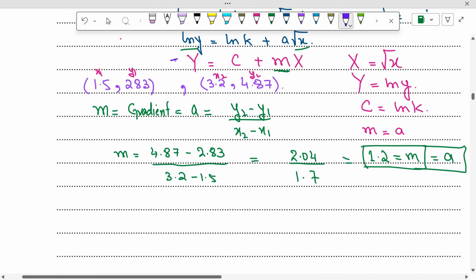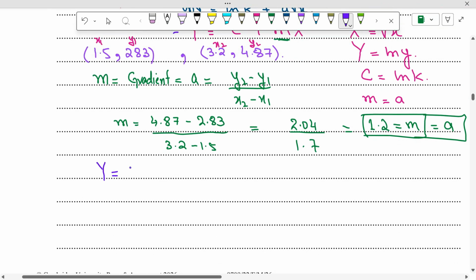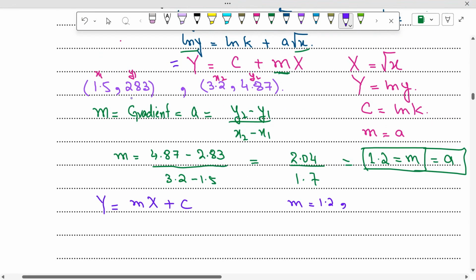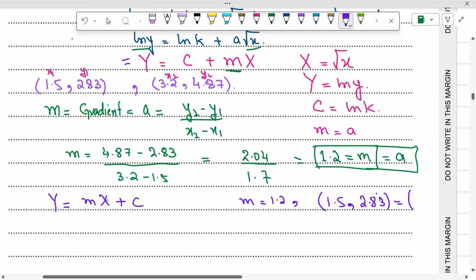Now we need to find the constant c. Using the equation y equals mx plus c, where m is 1.2, we have the point (1.5, 2.83) which satisfies the line equation.